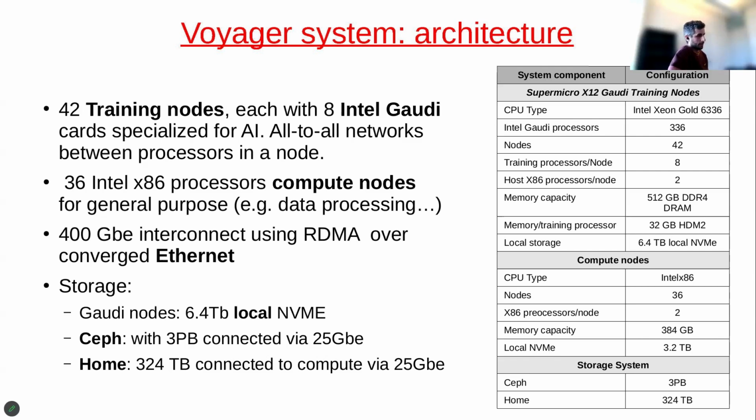Here you can store your data, for example. You can access it from the training nodes. And then you also have a home. We have a home file system with 324 terabytes, also connected to the training nodes and compute nodes.